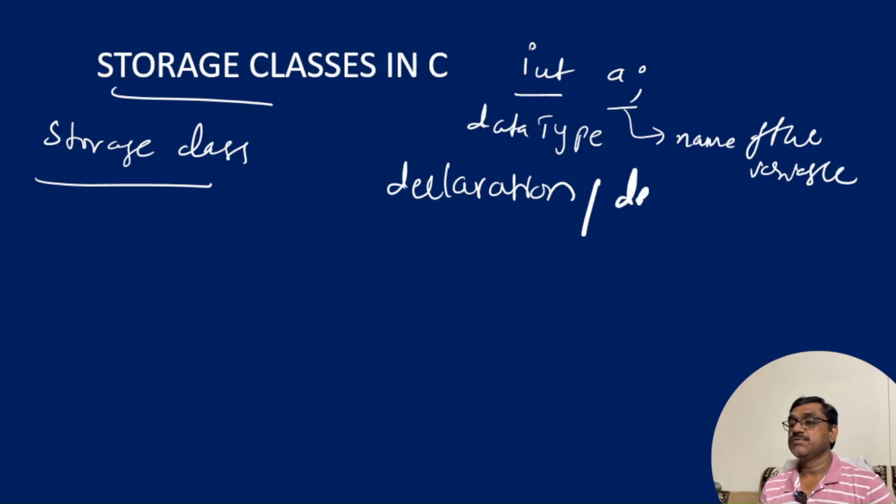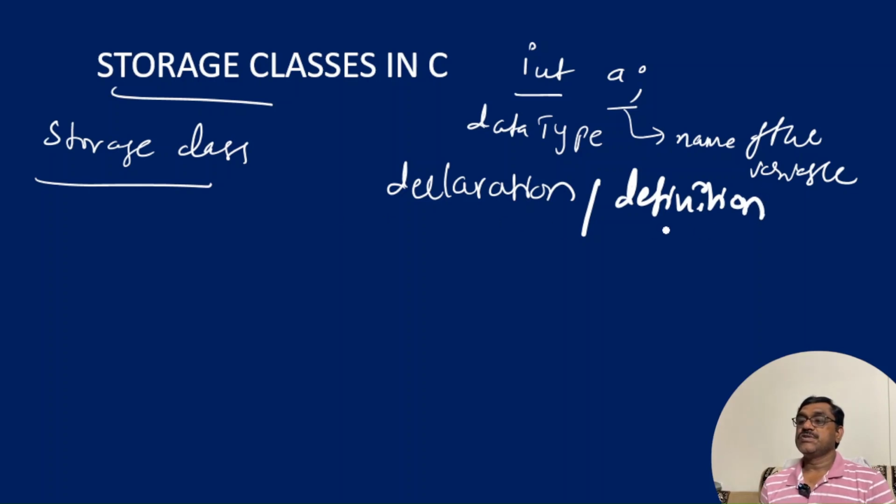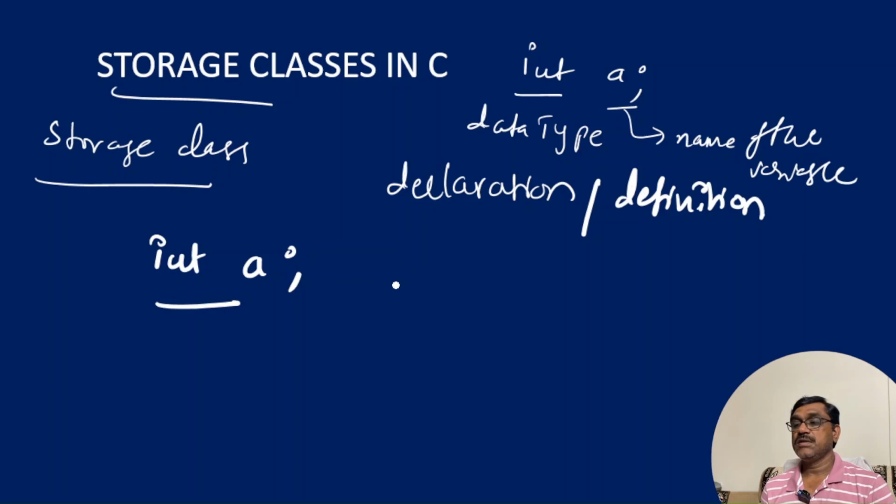Another word we also use is definition. What is the difference between declaration and definition? Whenever we say int a, in this we call it both declaration and definition.